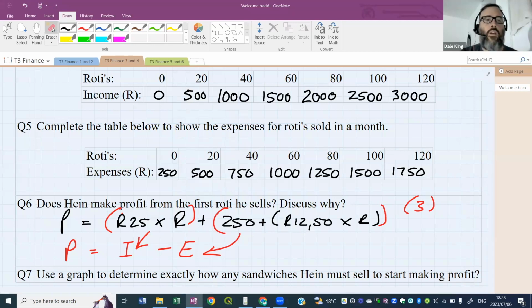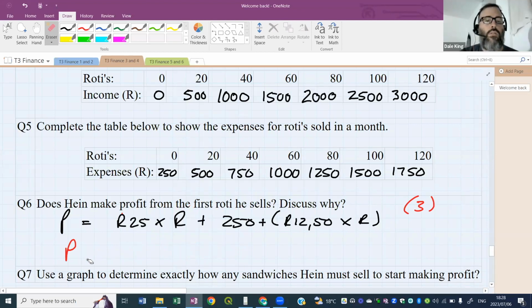Okay, very good. Orabile, let's put some numbers in now. I know you told me the numbers already, but let's put the numbers in so we can see if this does in fact work out. I'm going to change my R to 1 roti because we want to work out if there's profit for 1 roti. So 25 times 1, that's just 25 rand.